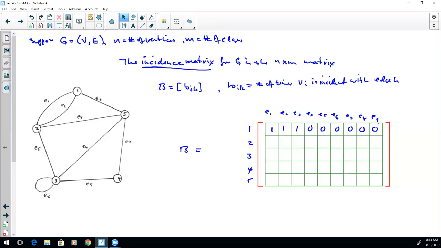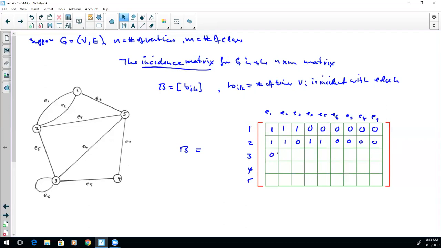Now go to vertex 2. Vertex 2 is an end of edge 1 and of edge 2, not of edge 3. It is of edge 4 and edge 5, but edges 6, 7, 8, and 9 do not touch vertex 2.